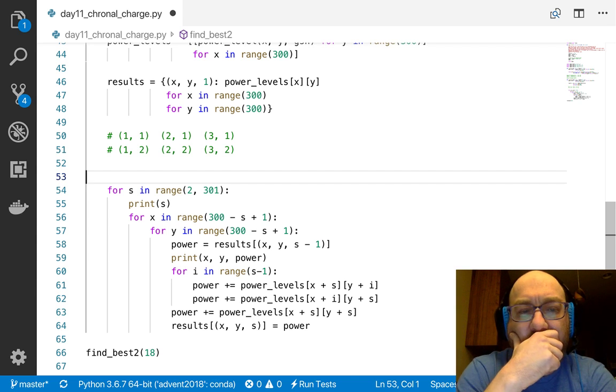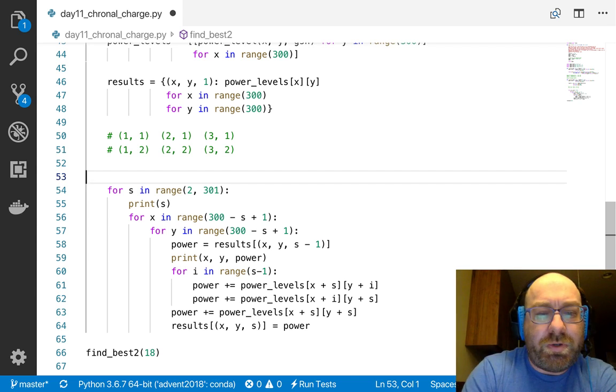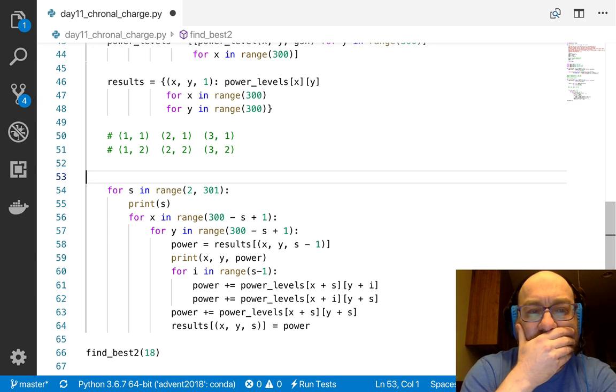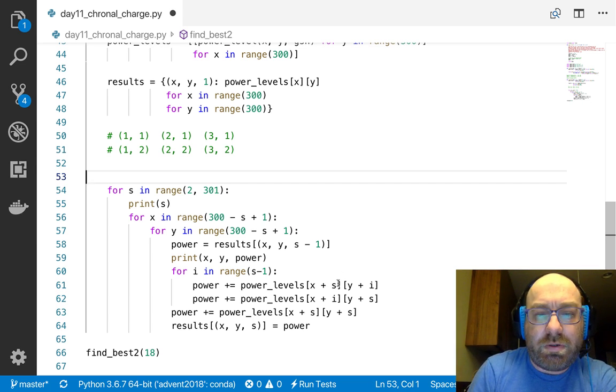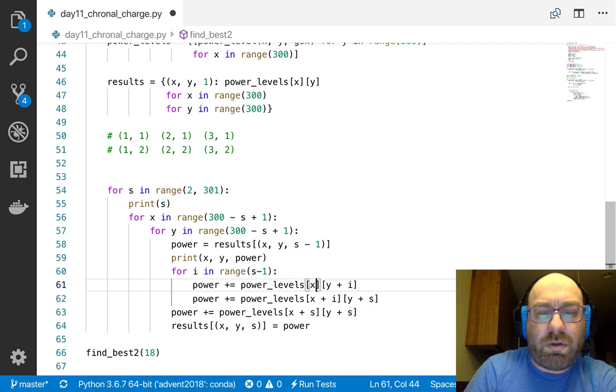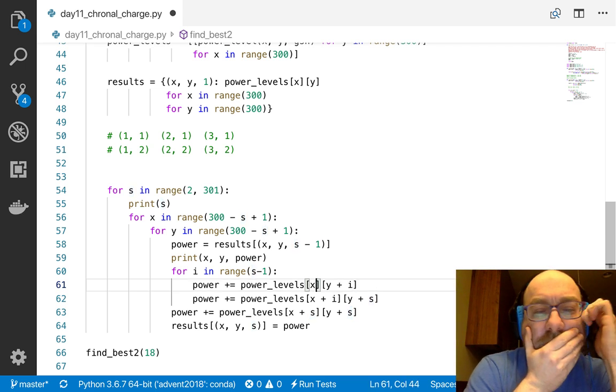So let's do 1, 1, and now I say I'm going to s equals 2. So I take power is 1, 1, 1. And now for i in range 1, I want to do same x. No.